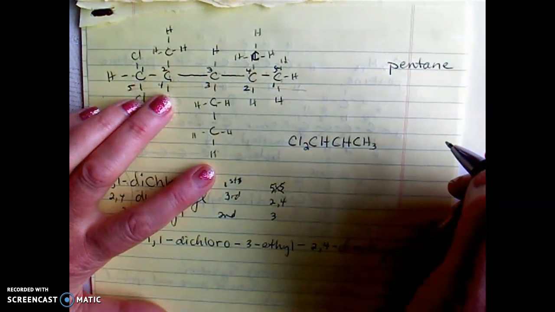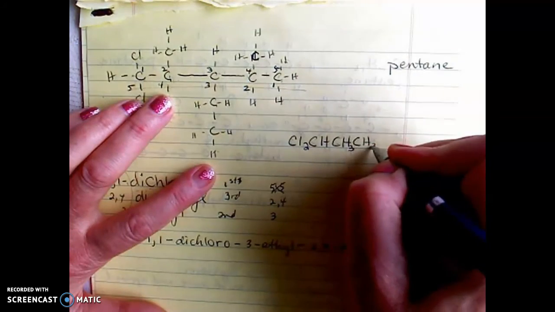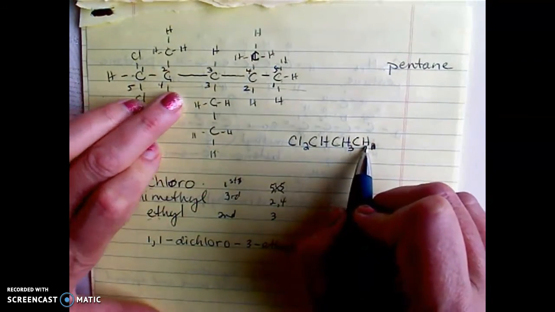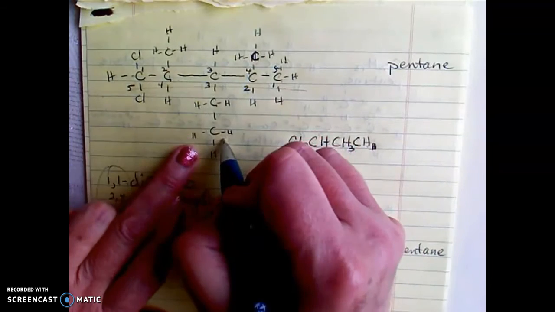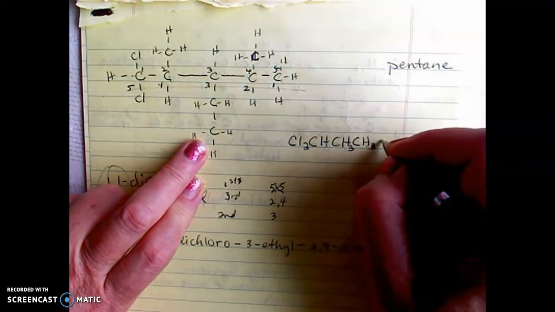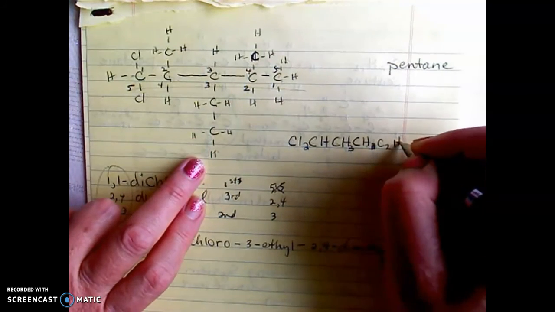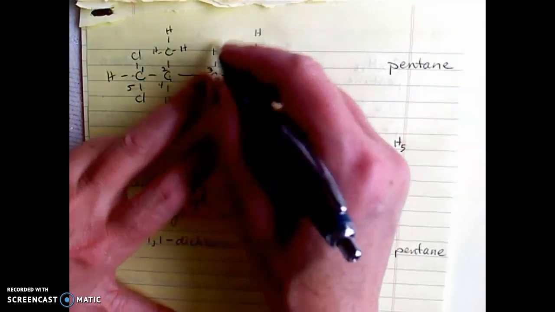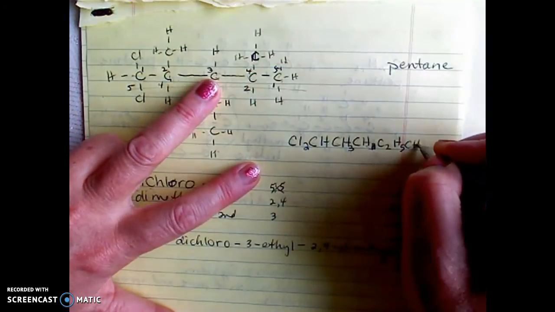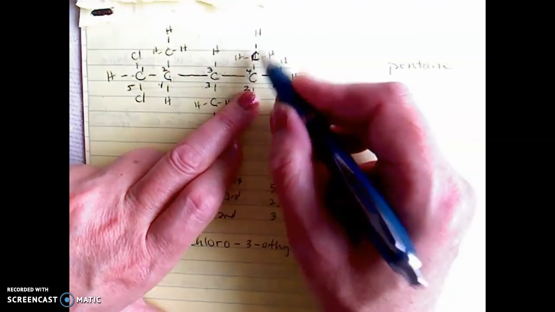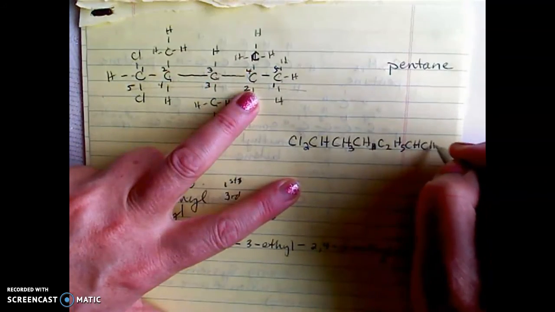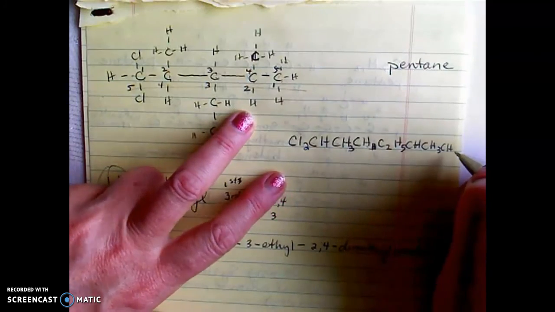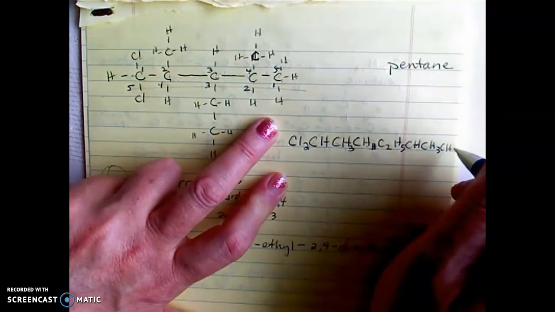Oops, I got that reversed. It should be CH3CH, sorry. Next, I've got my ethyl group coming off, so I'll have a C2H5 attached to my CH, and then I have a methyl group, so then you're going to go CH3, and then a CH, and I'm running out of space, but my very last one is a CH3.